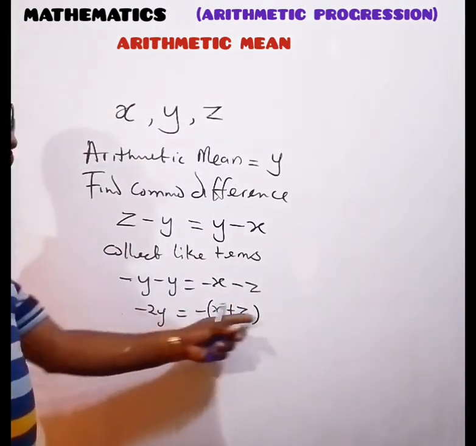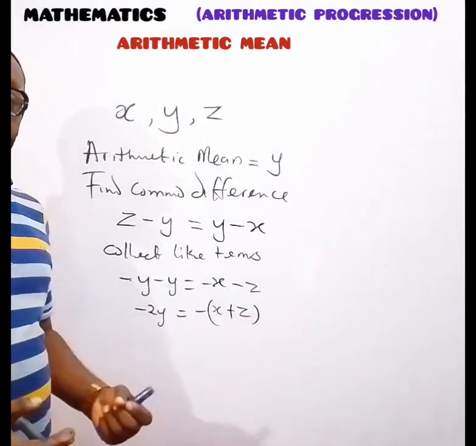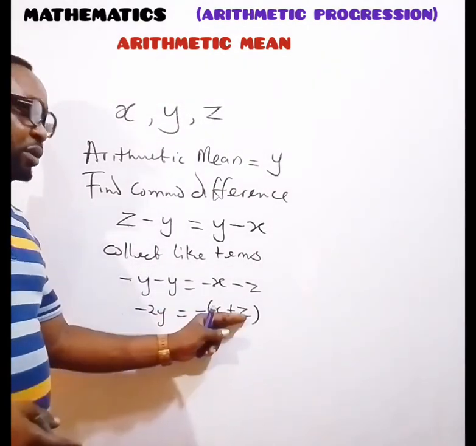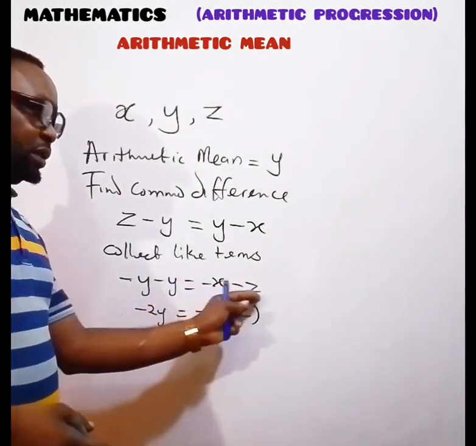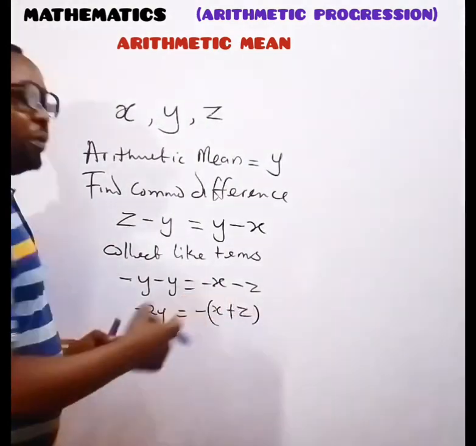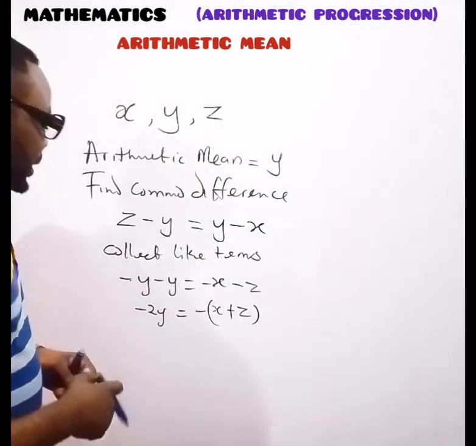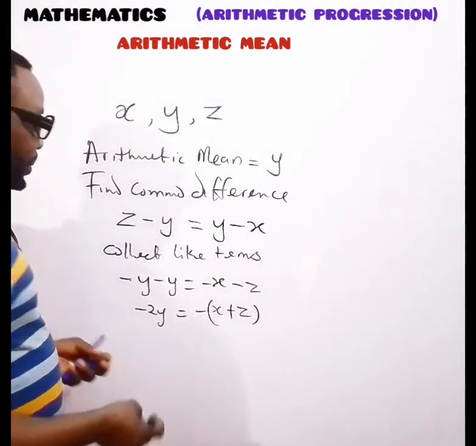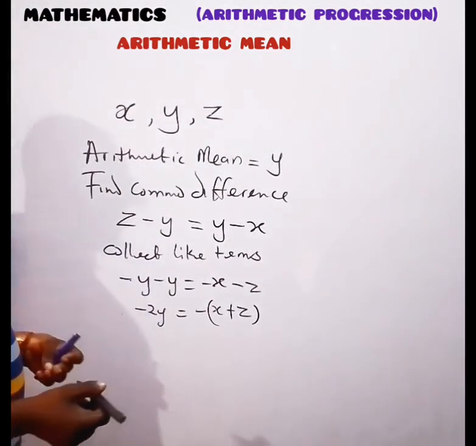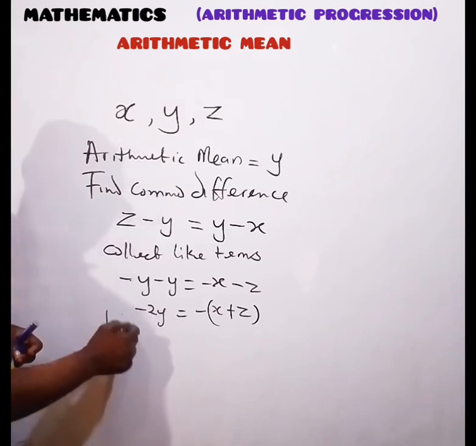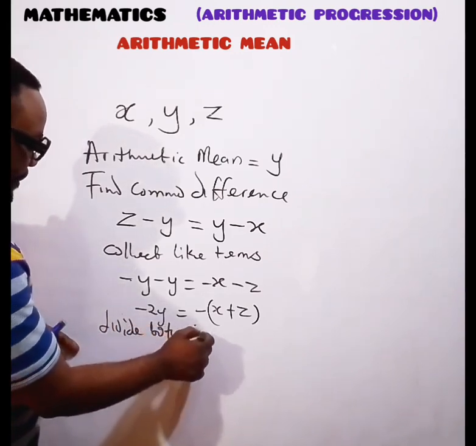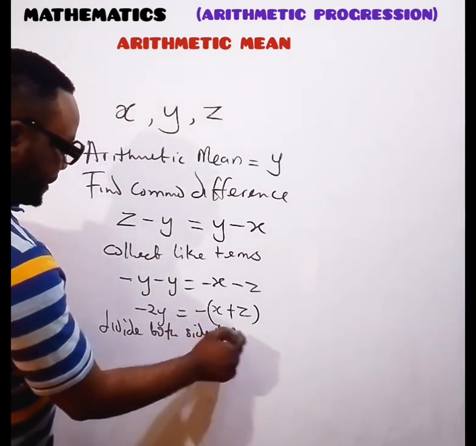Now, if I open up this bracket, you should know what I have done there. Minus x times x is minus x, minus times plus z is minus z. That is why I opened up the bracket like that. Now you can also divide both sides by minus 2.